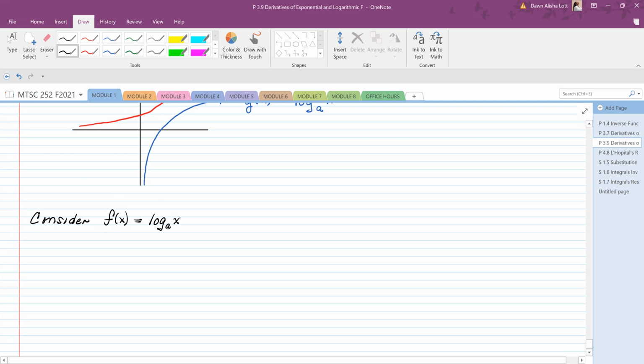Suppose your calculator doesn't have log base a. Your calculator has ln, which is log base e, and log, which is log base 10, but it doesn't have log base 5 of x. Well, we can write the log base a of x as the natural log of x divided by the natural log of a. So that's the definition.